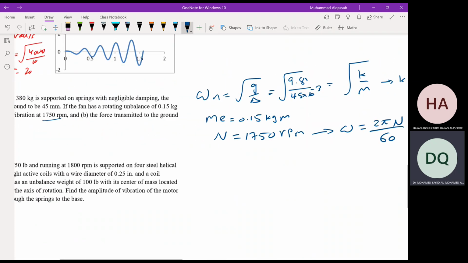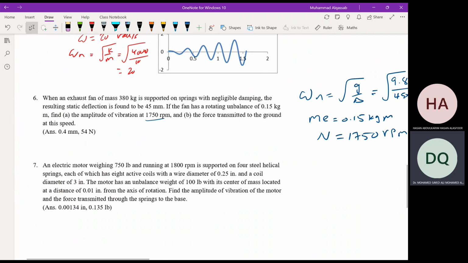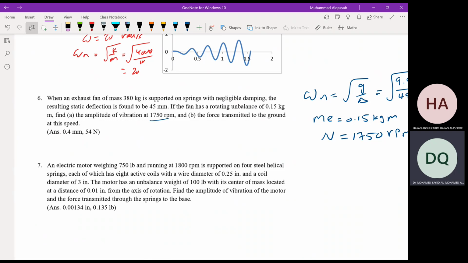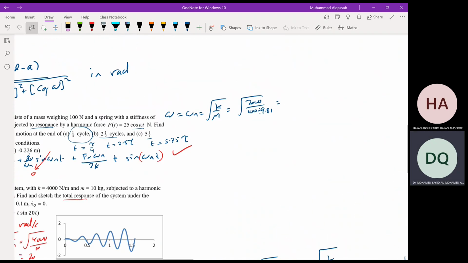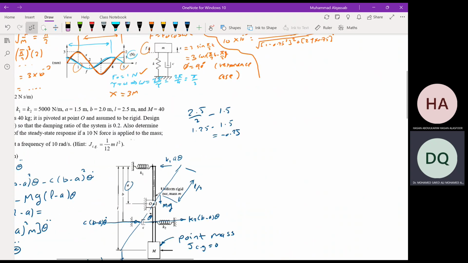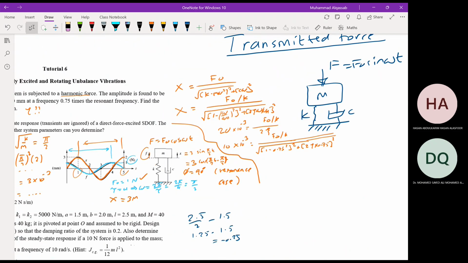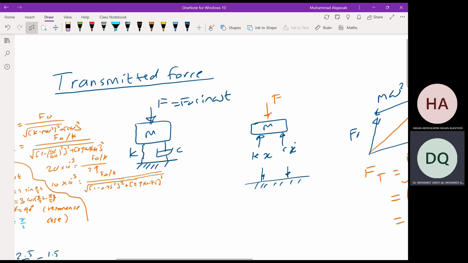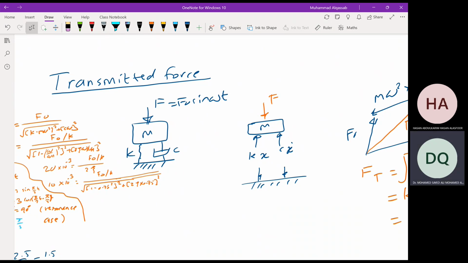This is part A. Part B, the force transmitted to the ground at this speed. We talked about the force transmitted at the beginning of the tutorial. The force transmitted is the spring force plus the damper force.